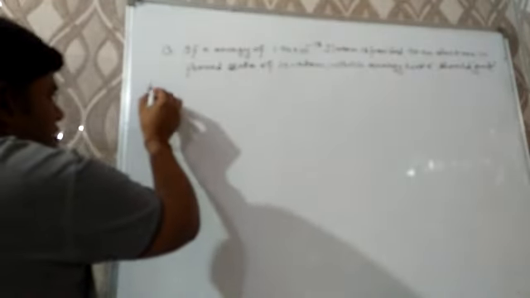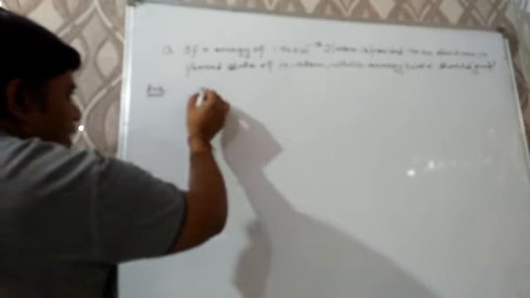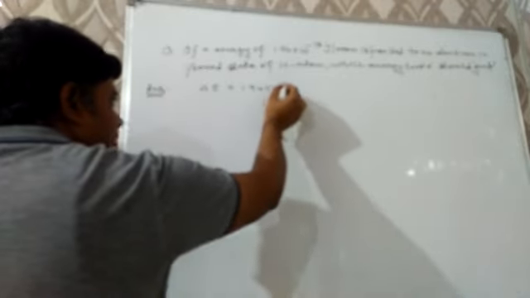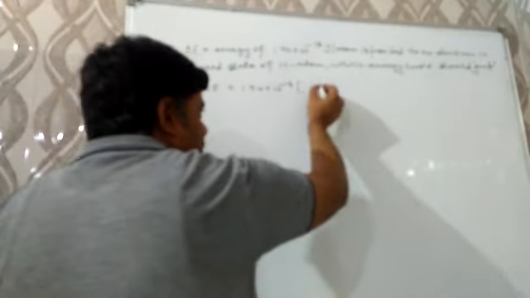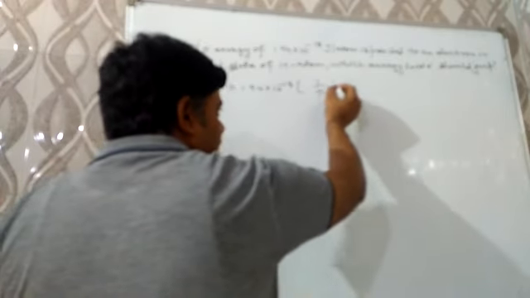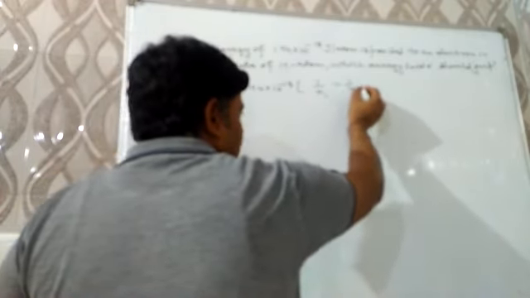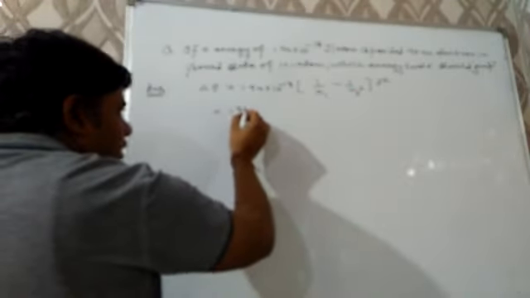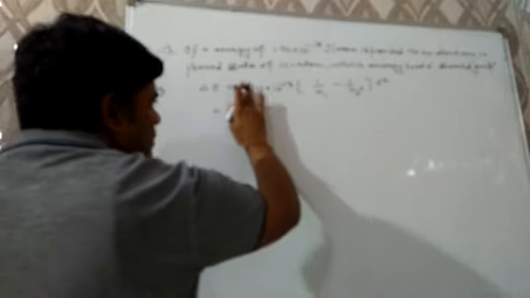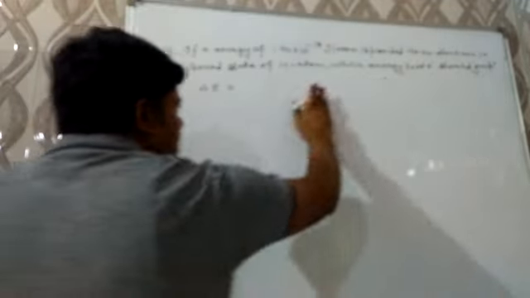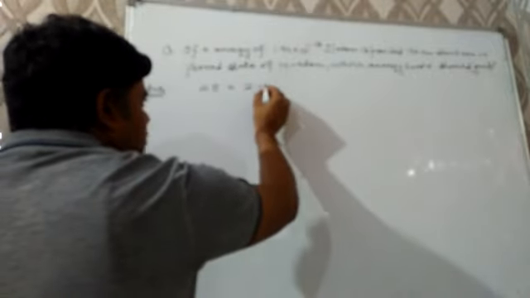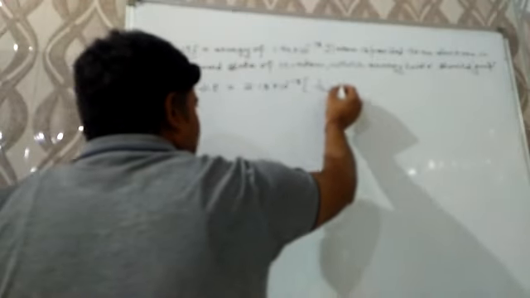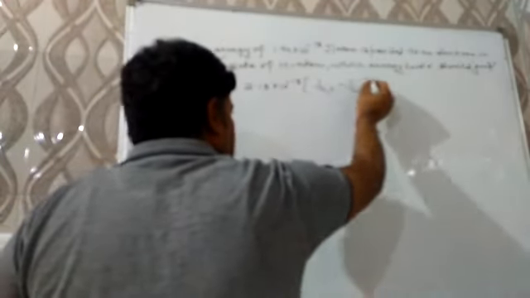Here the formula applied will be delta E, and that value is given as 1.94 into 10 raised to power minus 18. That is equal to 2.18 into 10 raised to power minus 18 into 1 by n1 square minus 1 by n2 square into z square.